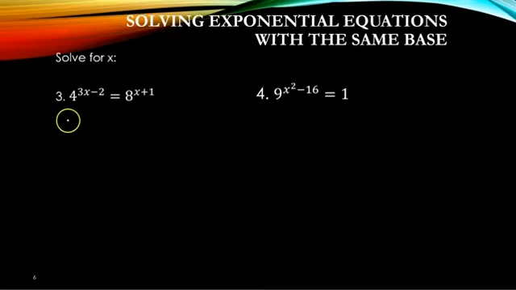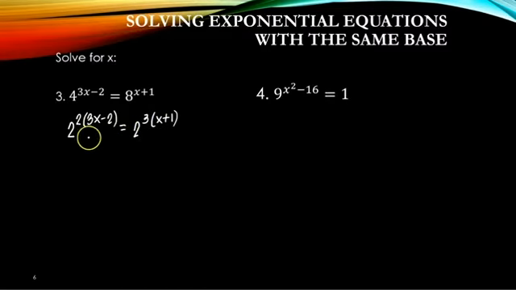Next problem. This is 2 raised to the second power, raised to 3x minus 2, equal to 2 raised to the third power, raised to x plus 1. So here, let's distribute first.